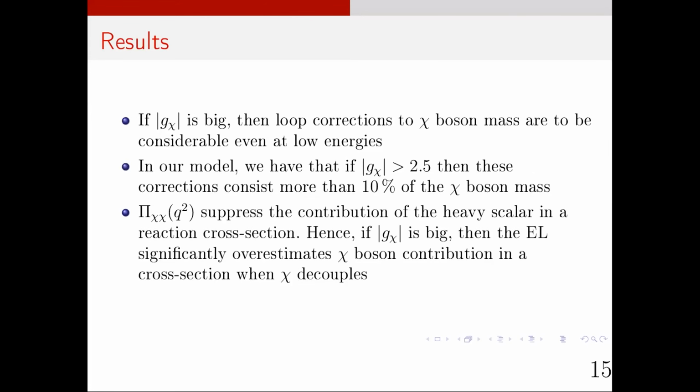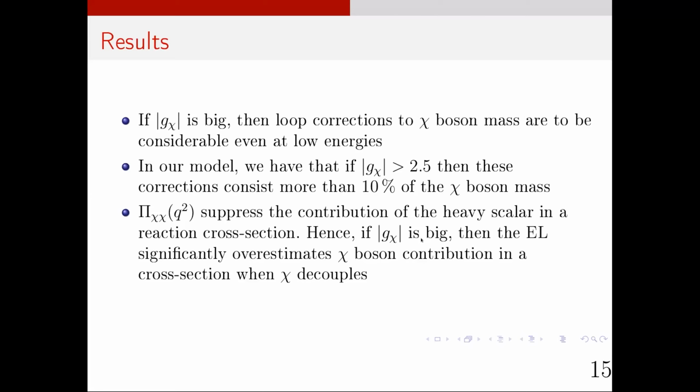If interaction between light fermions and heavy scalars is powerful enough, then loop corrections to the Higgs boson mass should be taken into account, because these corrections are considerable. In our model, these corrections could be of order of 10% of the Higgs boson mass for some values of the model parameters.